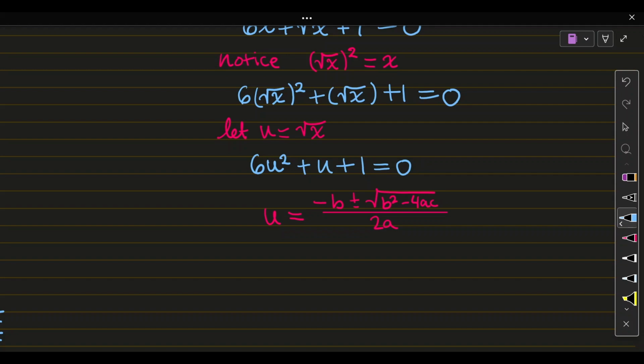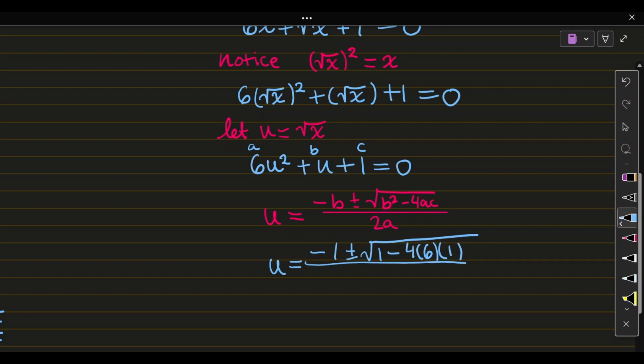So my a is 6, my b is 1, and my c is 1. So u will equal negative 1 plus or minus the square root of b squared, which is 1, minus 4 times a is 6, and c is 1, over 2a.